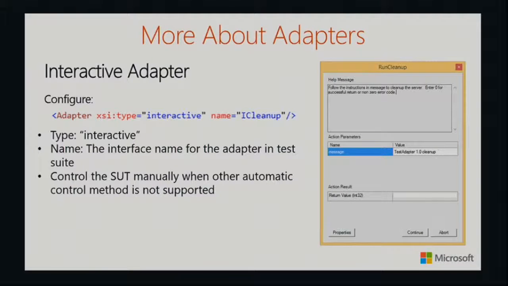For example, in this case, the method is called run cleanup, and it has a helper message that says enter 0 for successful return or a non-zero error code. Then you can type 0 or non-zero in the actual result, and then you can click continue or click abort to continue the test suite execution.